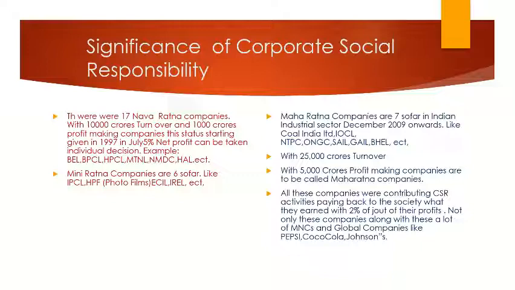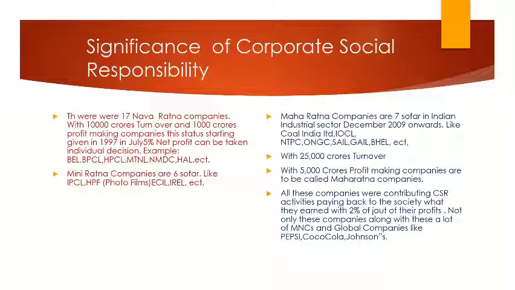Like Coal India Limited, IOCL, NTPC, ONGC, SAIL, GAIL, BHEL, etc. With 25,000 crores turnover, whoever is investing, these are huge companies: NTPC, Coal India Limited, ONGC, SAIL, Steel Authority of India Limited, GAIL, BHEL, Bharat Heavy Electricals Limited.